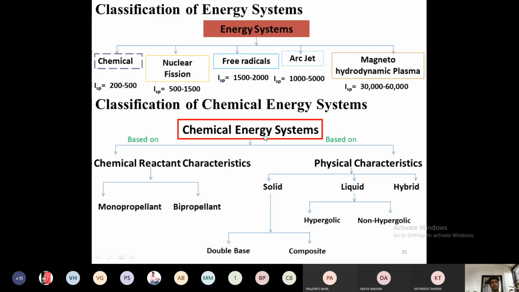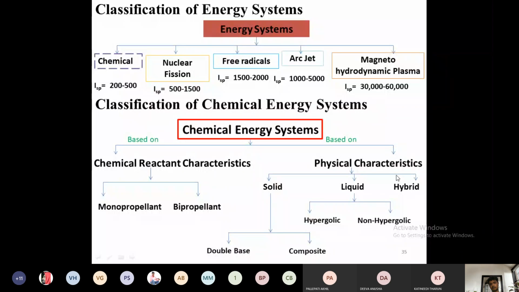Based on the reactant characteristics, these chemical systems are categorized into two types: mono and bipropellants. Based on the physical characteristics, these chemical energy systems are classified into three types: solid, liquid, and hybrid.